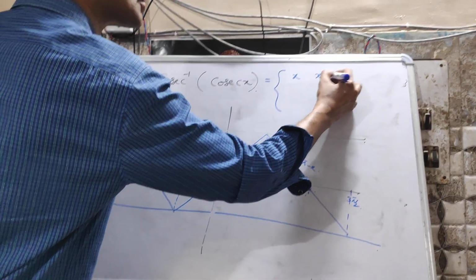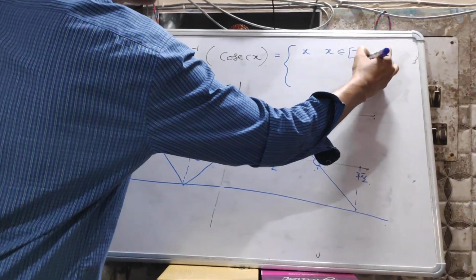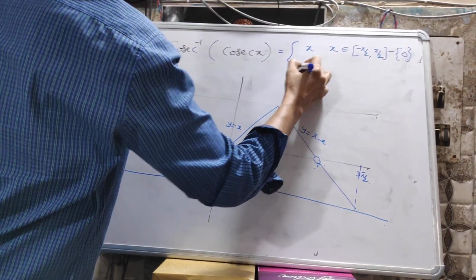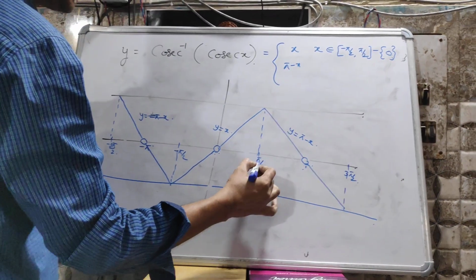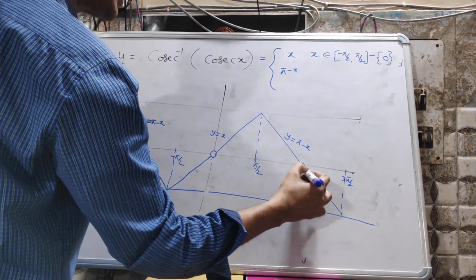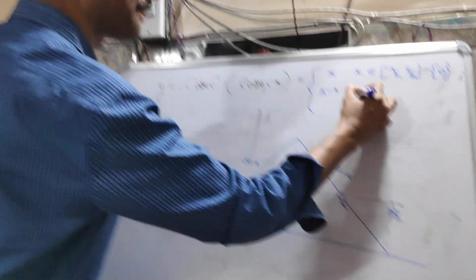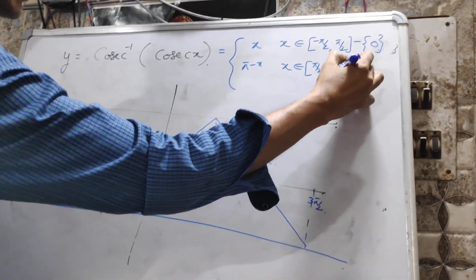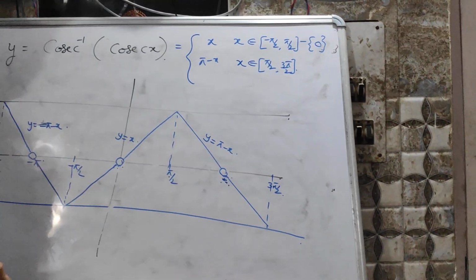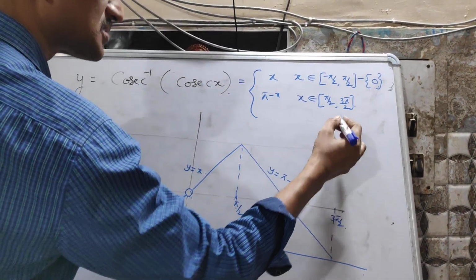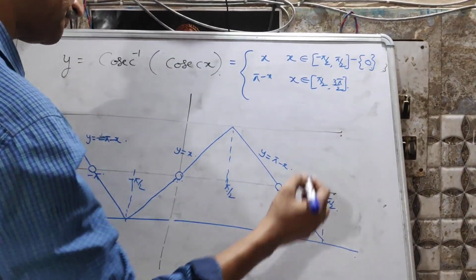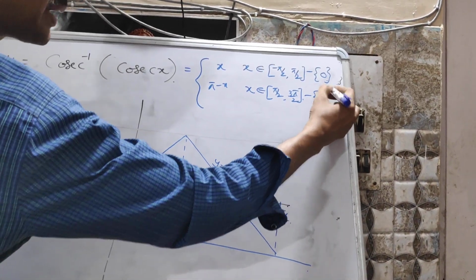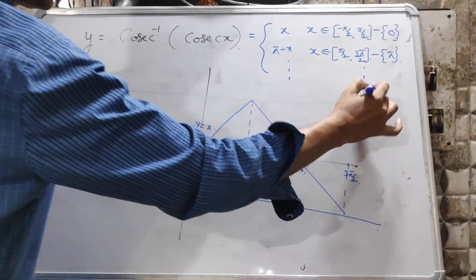x when x belongs to minus pi by 2 to pi by 2 minus the singleton set 0, and pi minus x when x belongs to pi by 2 to 3 pi by 2 minus the singleton set pi, like this you can take.